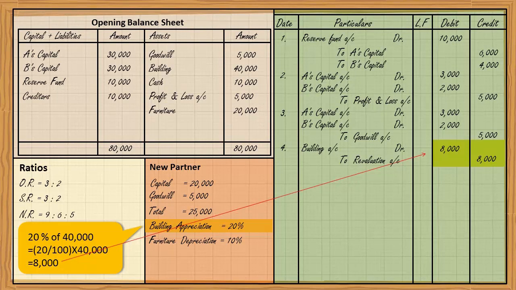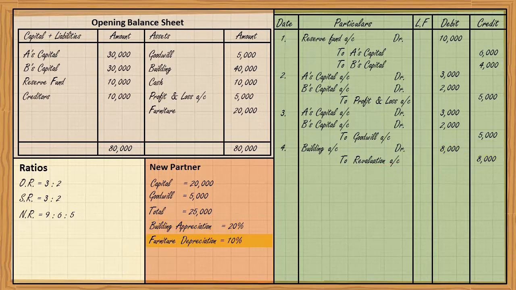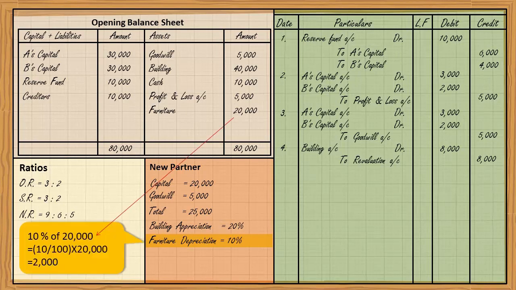Now furniture depreciated by 10%. 10% of 20,000 means 2,000 rupees. Our asset is going to get reduced. If asset is decreased, it's a loss. So in that situation, we debit the revaluation account.